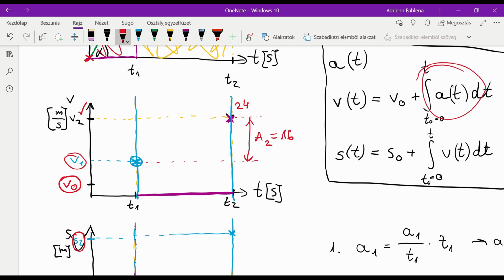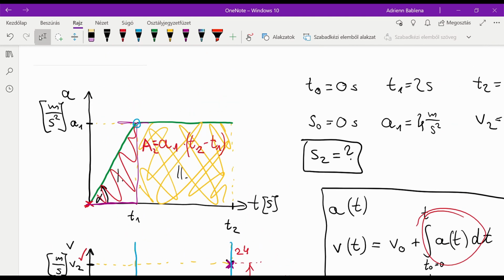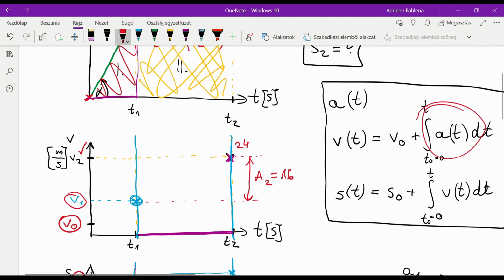A1 is 4. 6 minus 2 is 4, so 4 times 4 is 16. A2 is 16. So we know V2 is 24. We have to go back A2 value, so we have to go back 16. So from that we know that V1 is 24 minus 16, it's 8. And that's all.